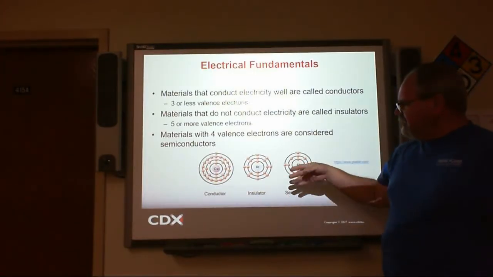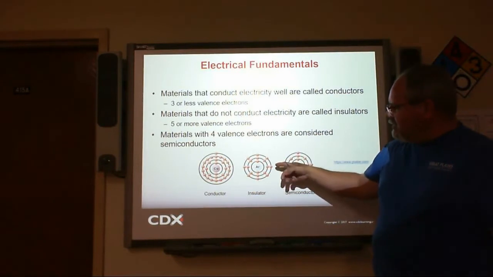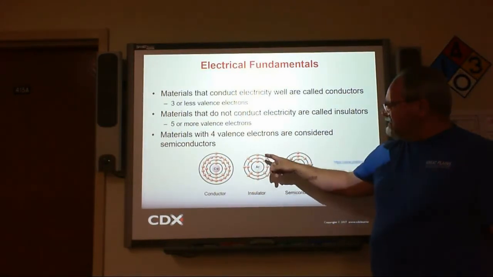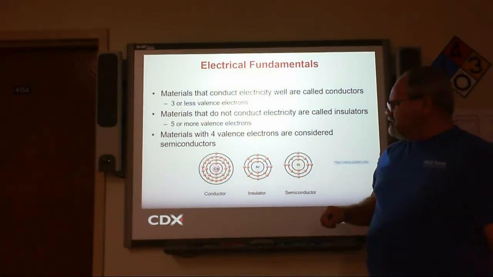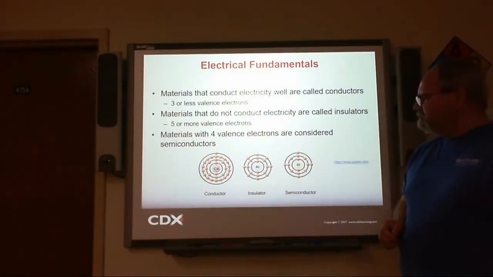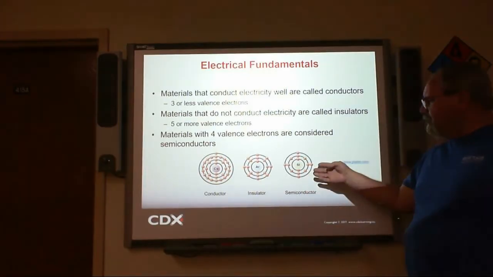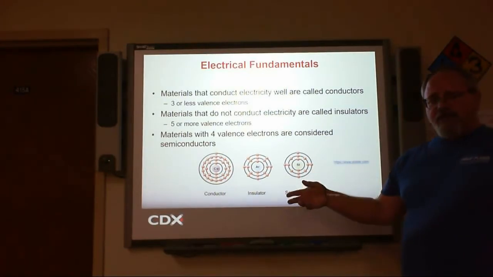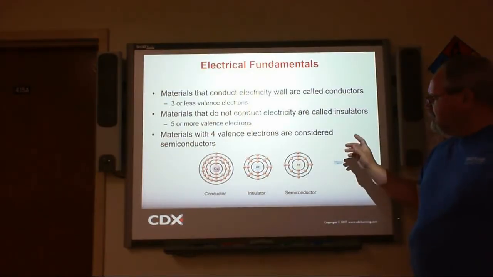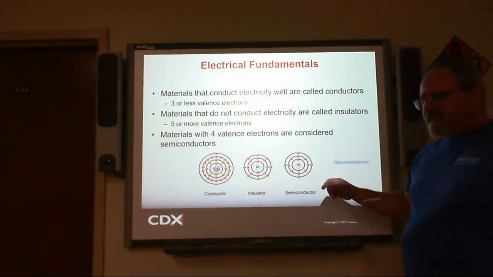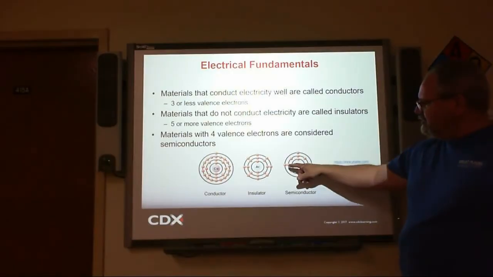Now as you can see, argon has 1, 2, 3, 4, 5, 6, 7 electrons in its valence shell. That makes it a very good insulator. And an example of a semiconductor, silicon. Carbon and tin are also semiconductors. They have 4 valence electrons. 1, 2, 3, 4.